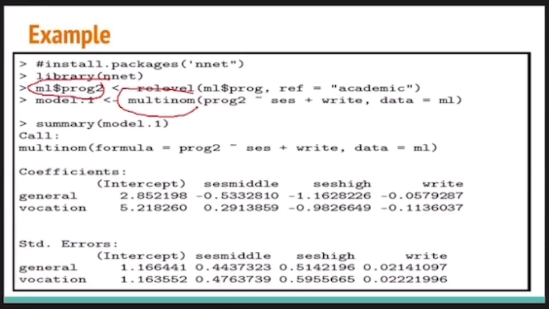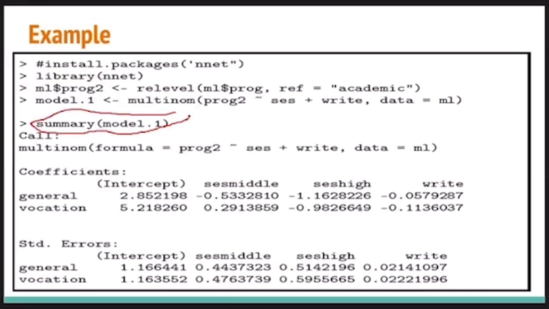Is there anyone who doesn't understand this code? Okay, I can see. But you understand it now, right? Now, when I do summary on that, I need you to pay attention. The way we normally have results for multinomial is different.